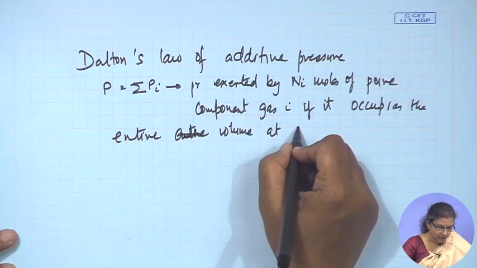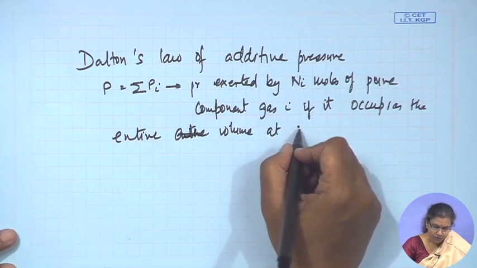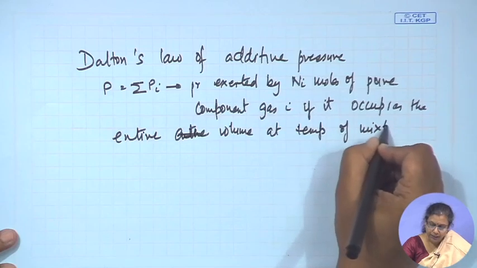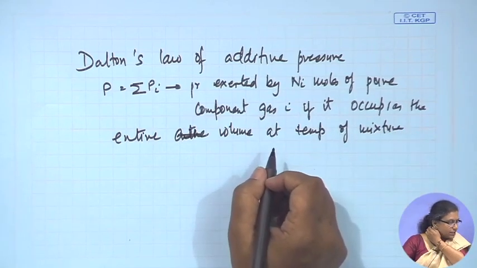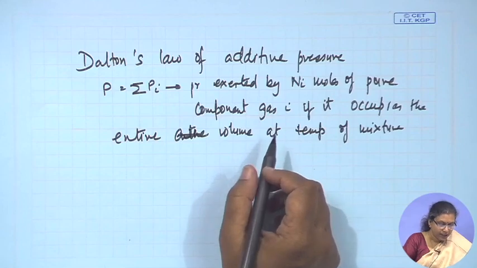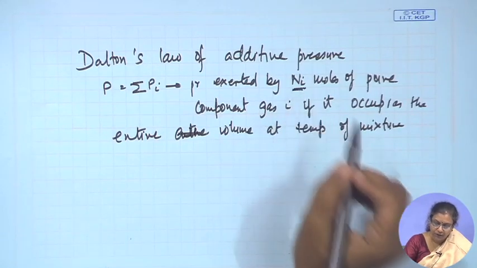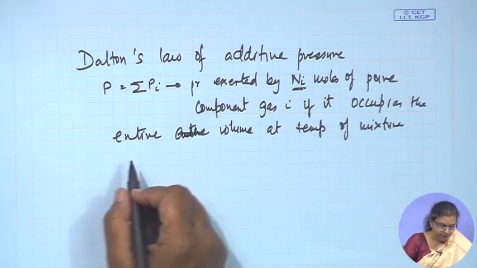at the temperature of the mixture. So, T of the mixture and T of the pure components are the same, and the partial pressure is simply the pressure exerted by Ni moles of the gas if it occupied the entire volume.